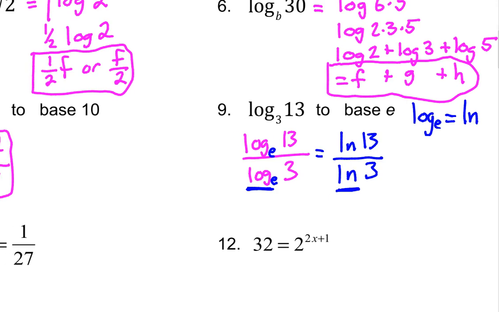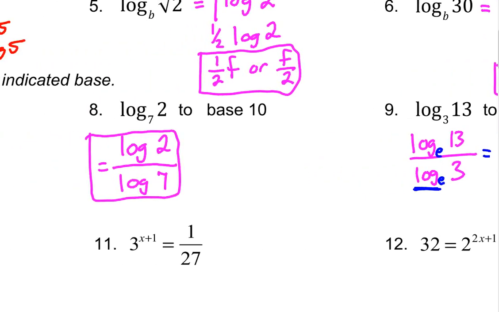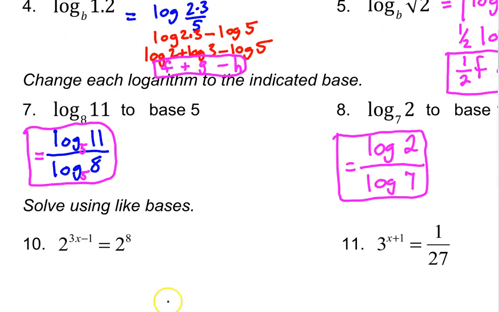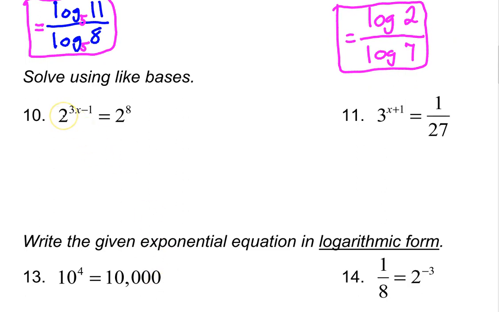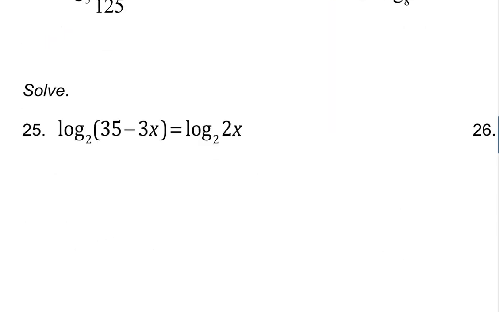All right. Next, let's solve some basic equations here that have like bases. So there's two types of equations that we're going to look at here. Those that have like bases, so these both have 2, and then like on number 11, 27 could be rewritten as a base of 3 because that's 3 to the negative 3, right? And then kind of preview this.